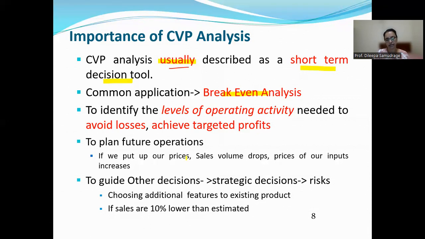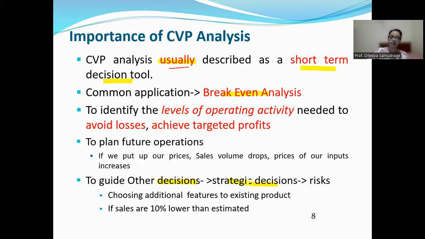So that is another point. And also here it says to guide other decisions, like strategic decisions. I told you, usually you use CVP analysis for short-term decisions, but for strategic decisions also you can use CVP analysis.